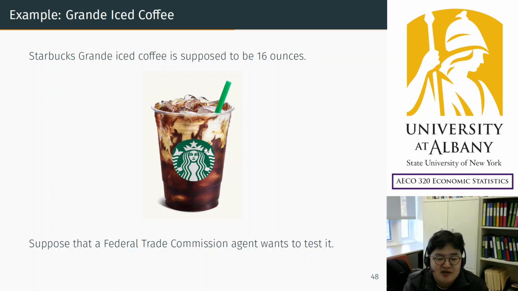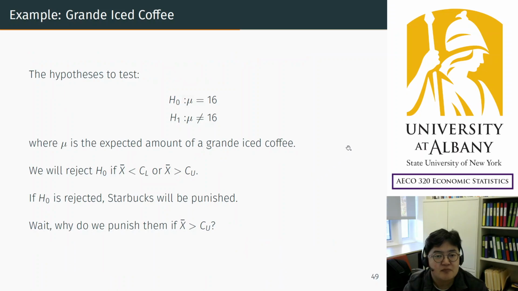I am testing. I am an FTC agent, and I want to test if the product is correctly labeled, following the rule, selling the product as advertised. Now, let's apply the hypothesis testing rule here. I believe that Starbucks coffee is correctly 16 ounces.